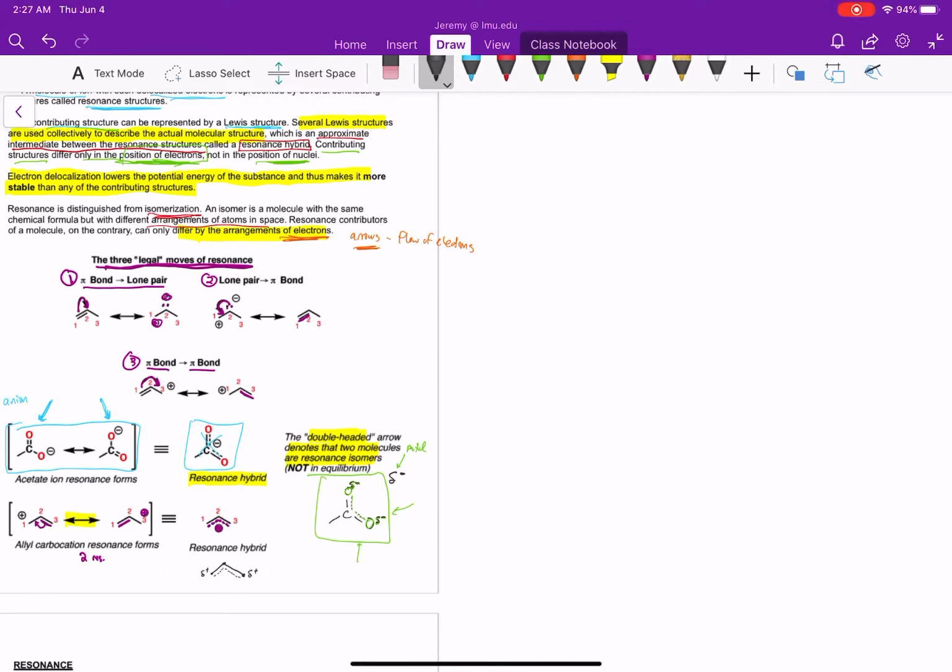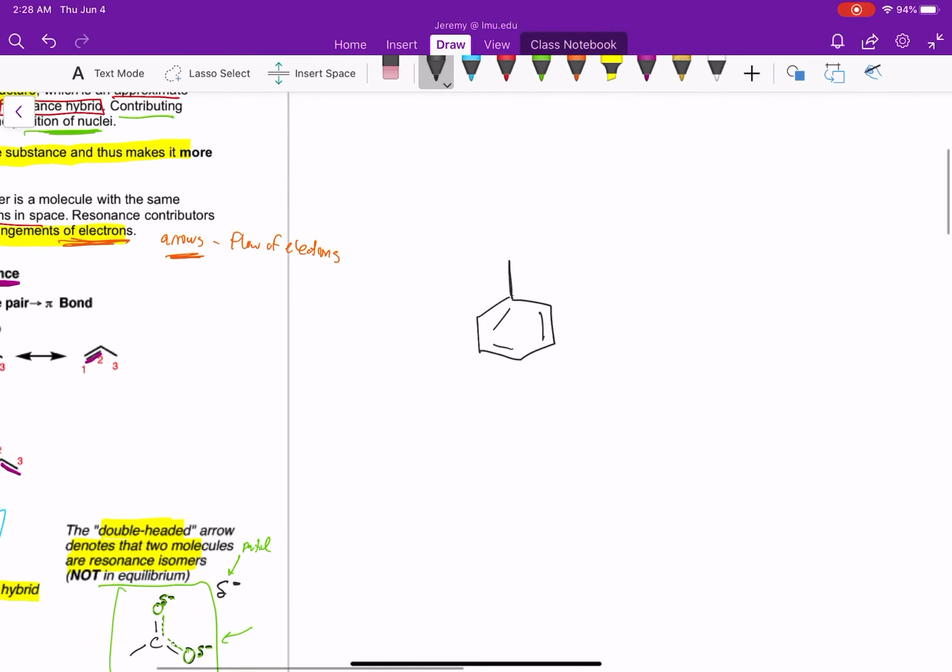I just want to talk about some neutral molecules. We have seen resonance structures before, or we've encountered them. One is with a benzene ring, right? So if we take a benzene ring, here we have a double bond between, let me number our carbons, 1, 2, 3, 4, 5, 6.